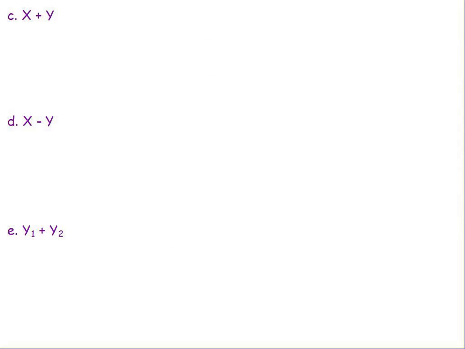Now we're mixing the two letters together. So this is where we're going to use equations 5 and 6. So we're going to find the expected value of x plus y. Well, if you look back at equation 5, when you add x and y, you simply take the expected value of x plus the expected value of y.